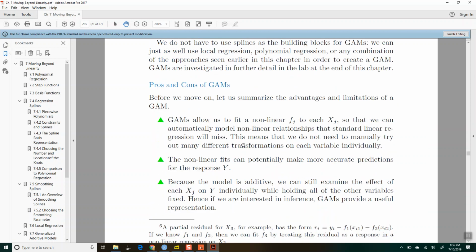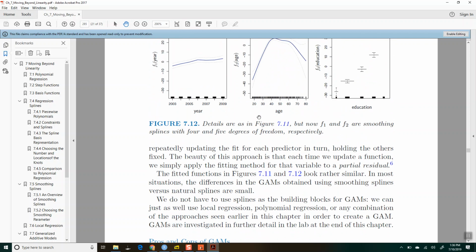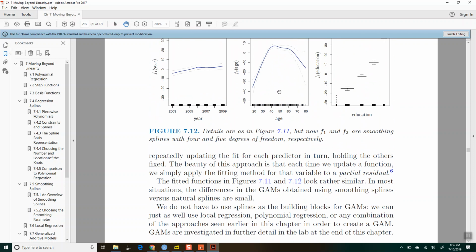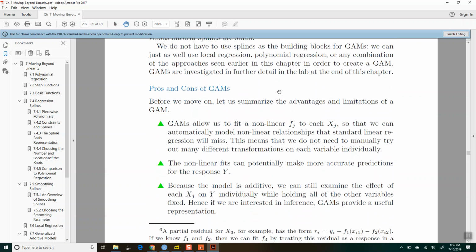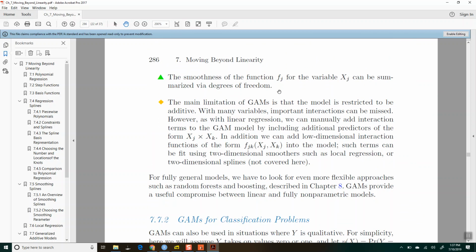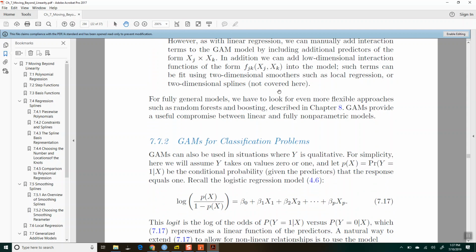Maybe the relationship between age and wage is different for males and different for females. We don't know. But the generalized additive model is not really designed for interactions right out of the gate. You can do interaction terms, but you've got to create a new variable on your own by multiplying them together.